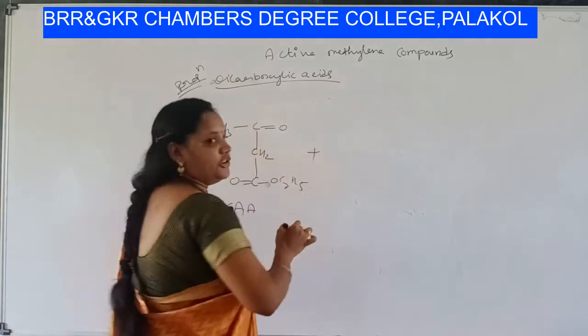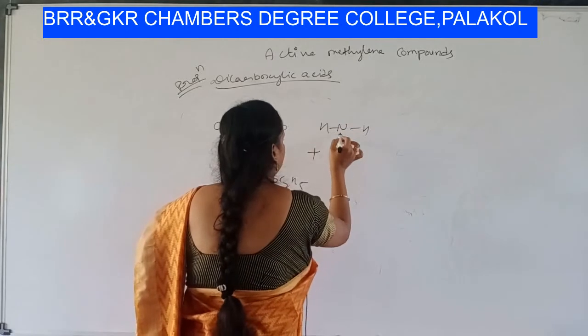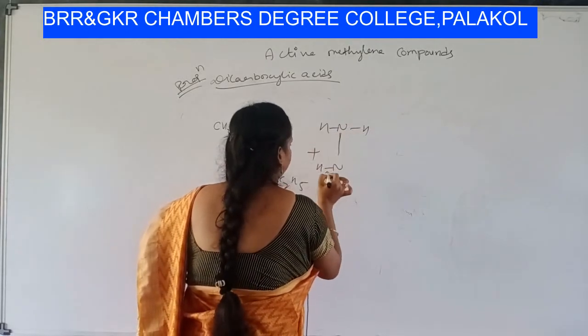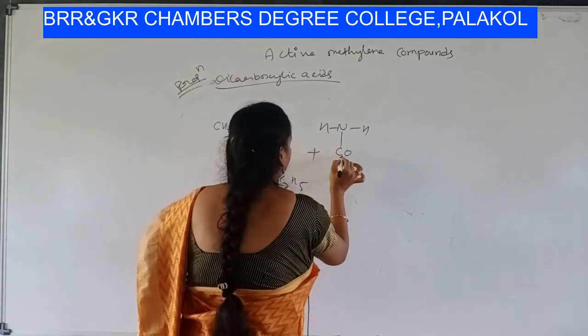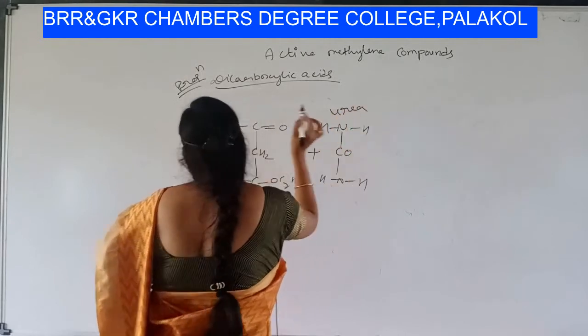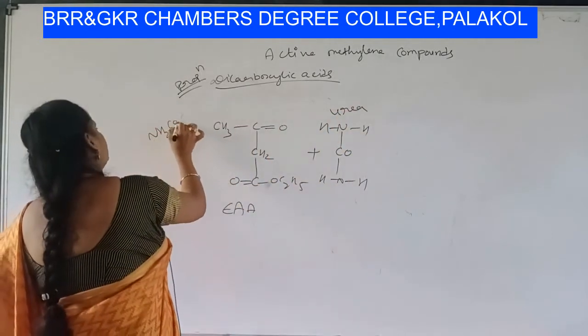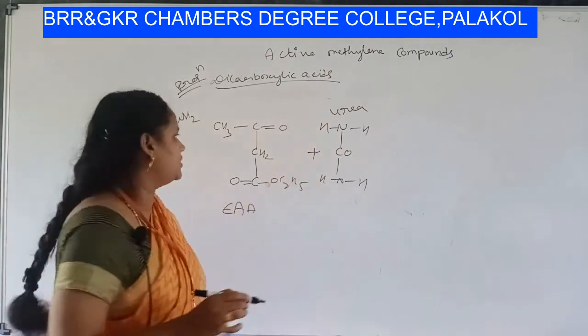What is the formula of urea? NH2, I am writing like this, NH2. Sorry, I forgot to write CO, NH2CO, NH2 is our urea. Urea formula is NH2CONH2. I am writing like this to explain the reaction.